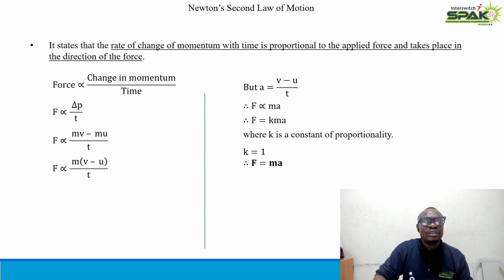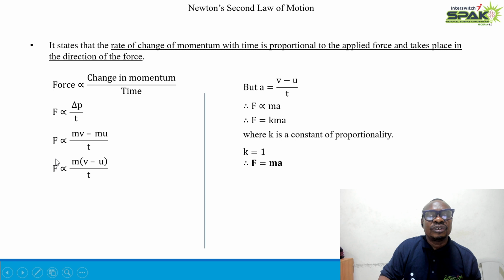It simply tells us that if we have a prolonged time, when there's an impact, so if there is a prolonged impact time, it means that the impact force is going to be less, be reduced. But if you have a less impact time, that is a short impact time, that means that we are going to have a greater impact force.